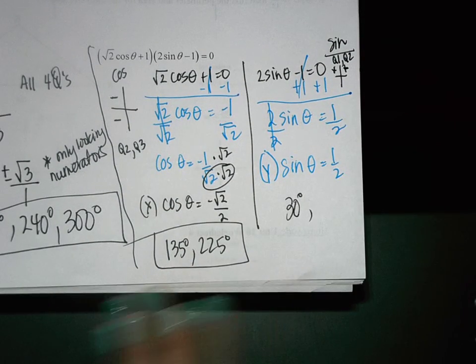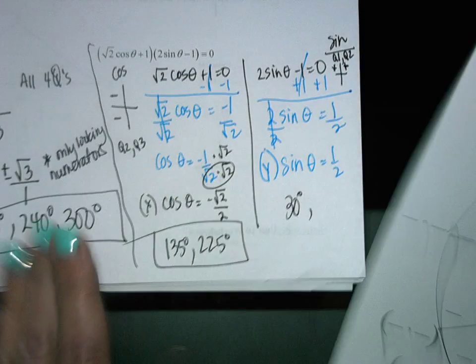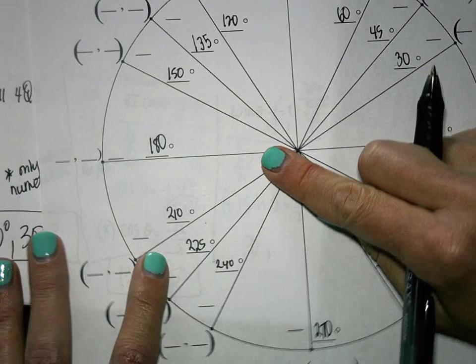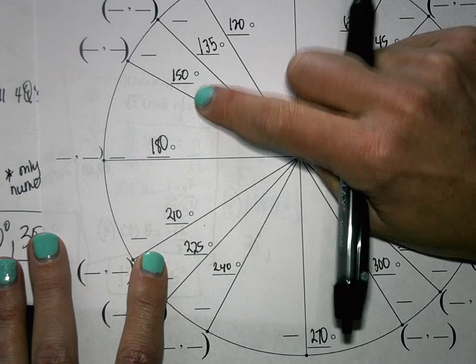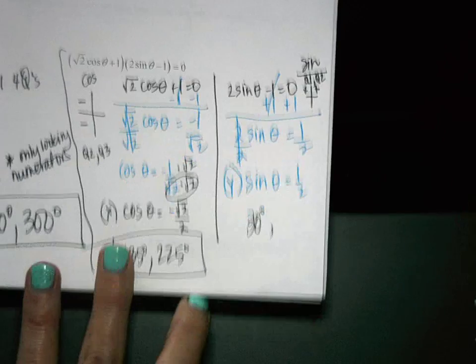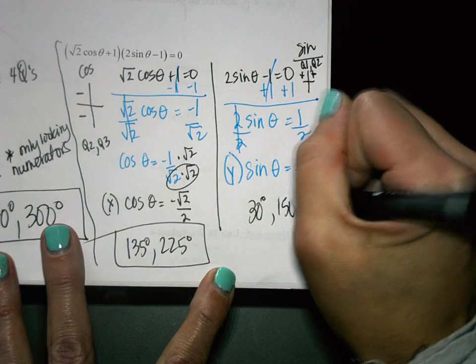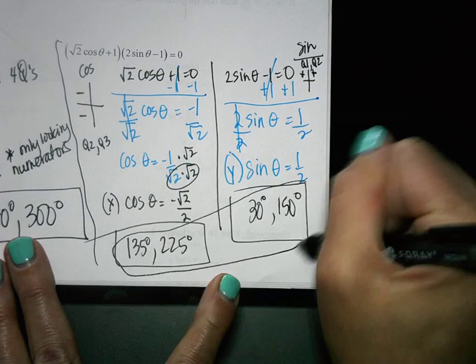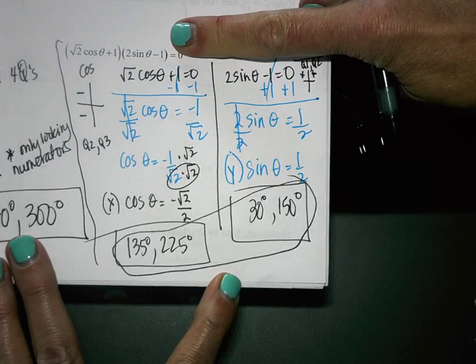And then in quadrant 2, we need to find the 30-degree angle. And if we look here in quadrant 2, the 30-degree angle is right here. You're talking about your reference angle to the x-axis, and that's 150 degrees. And so for this problem, it's actually all 4 of those because we were dealing with that.